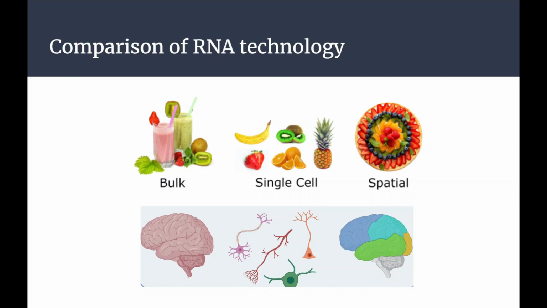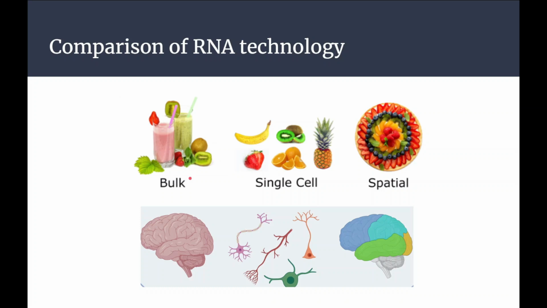In bulk RNA, we add a couple of fruits: let's say 2 apples, 1 banana, 2 avocados, and 2 strawberries. Whatever fruit content I add will give the flavor of the juice. If I ask you how many avocados or how many strawberries I have added, you can't provide the answer, because now we are mixing everything. So we are losing the information about the content, how many things I added to prepare this juice.